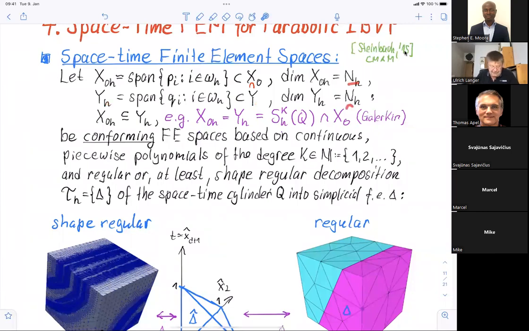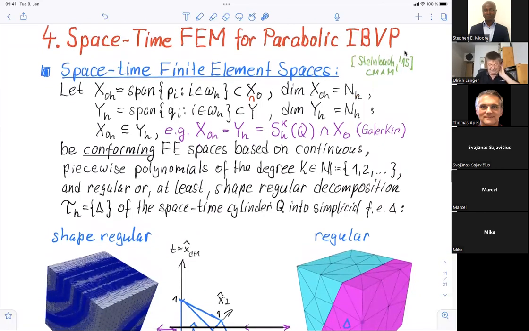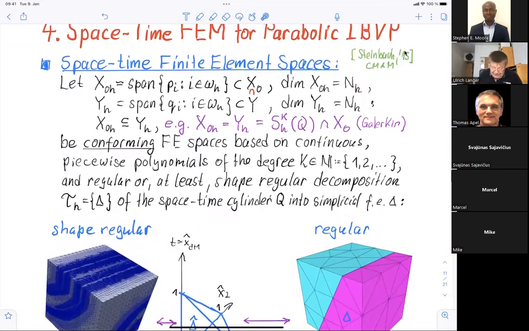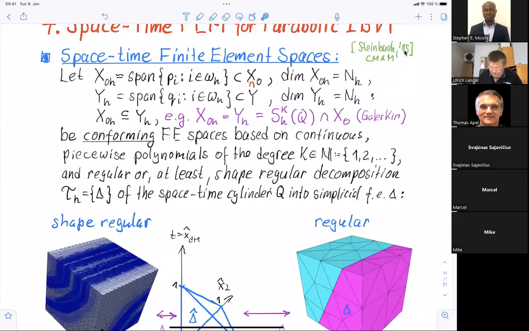In principle, you can use a Petrov-Galerkin technique with different spaces, but here I look, as Olaf Steinbach did, at the case where we use the same space for trial functions and test functions. Namely, the usual space you know from the elliptic case, S_h^k on the decomposition tau.